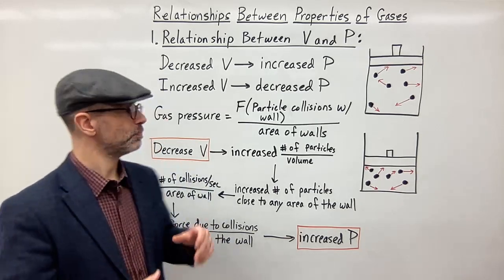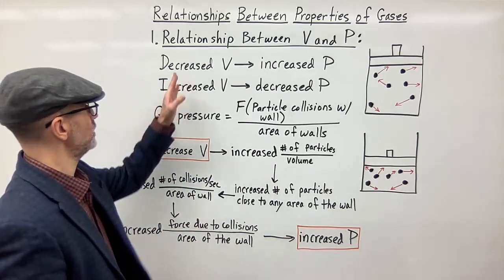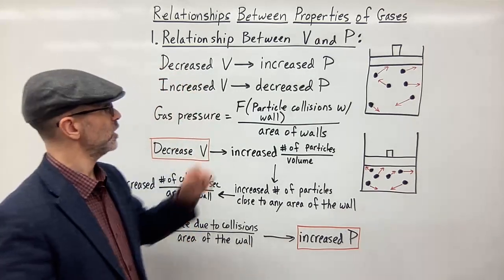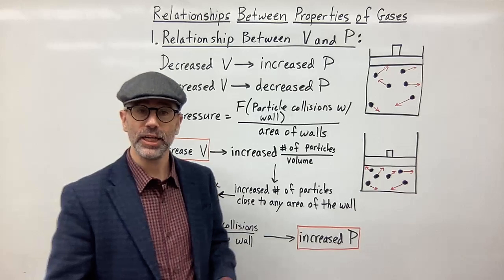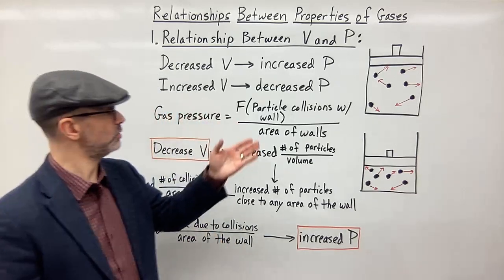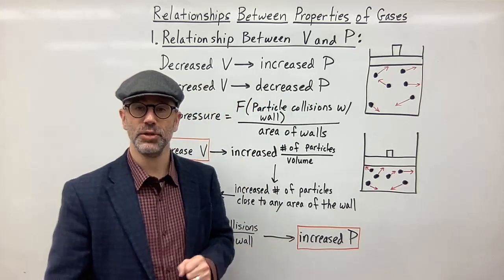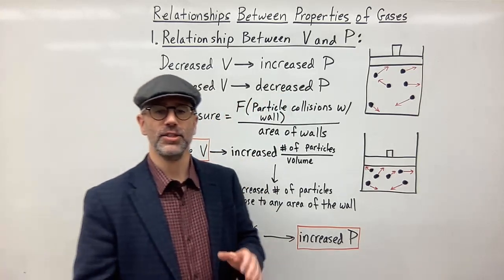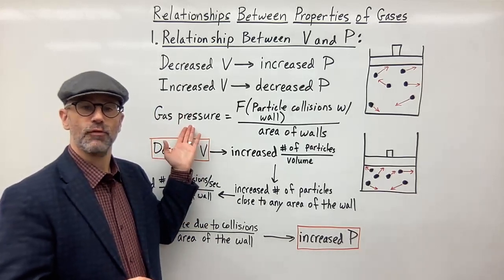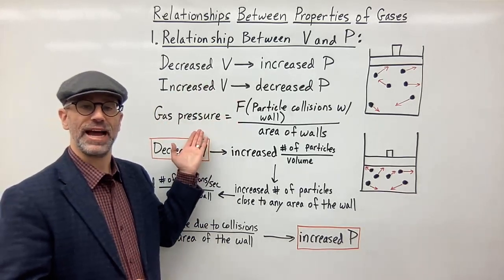Okay, so what we notice is that when you decrease volume, pressure will increase. And if you increase volume, pressure decreases. Well, why is that? We have to go back to the definition of gas pressure.